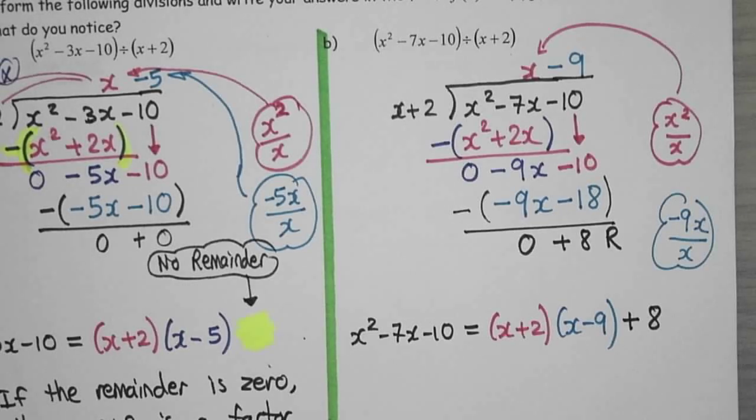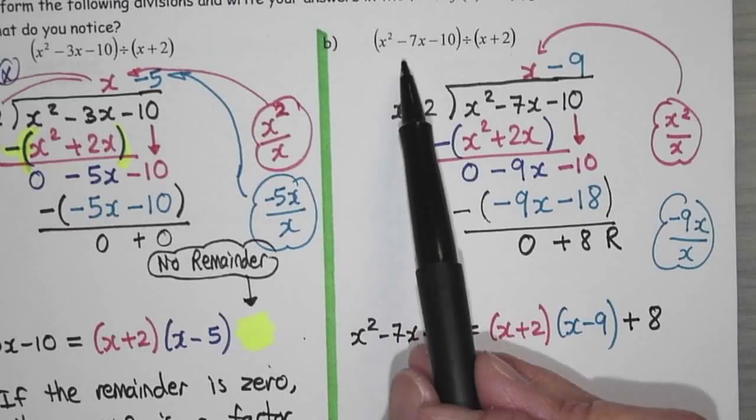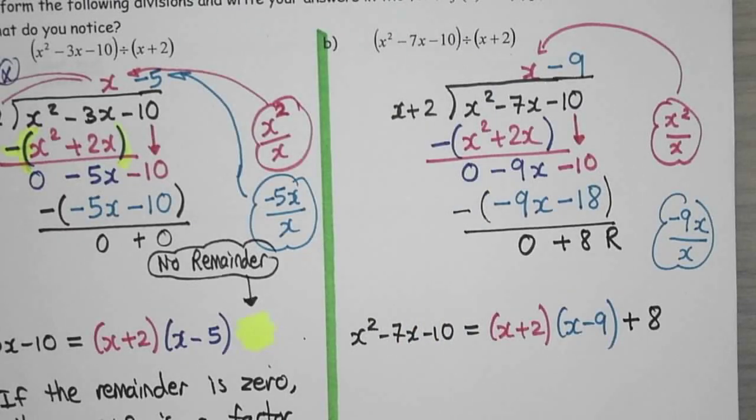And that tells me it doesn't divide nicely in. It's not a factor. I tried dividing it by x plus 2. x plus 2 is a divisor, okay, but it's not a factor because I got a remainder. So sometimes there'll be a remainder, sometimes there won't be. It's a cool theorem, and we'll use that theorem later on.